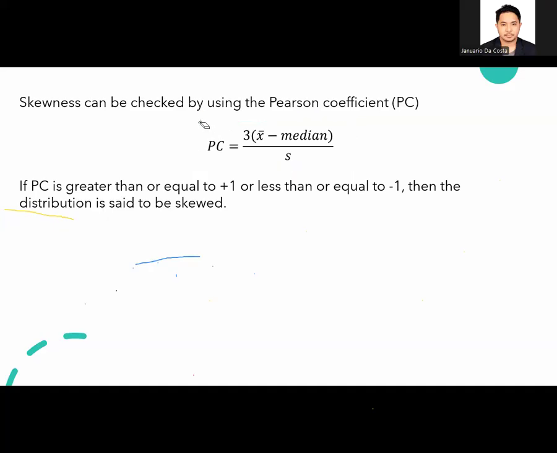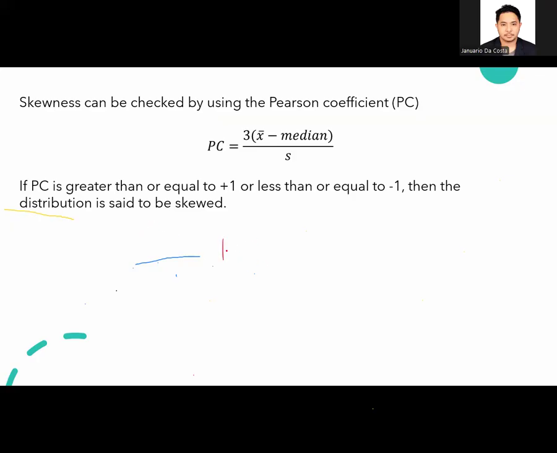To determine if a distribution is normal, if the Pearson's coefficient is greater than or equal to 1, or less than or equal to -1, then the distribution is said to be skewed.